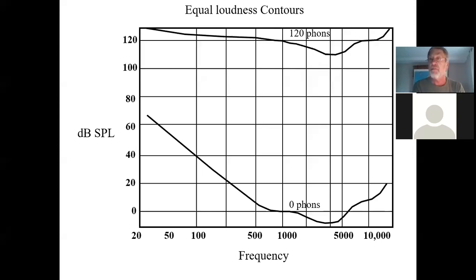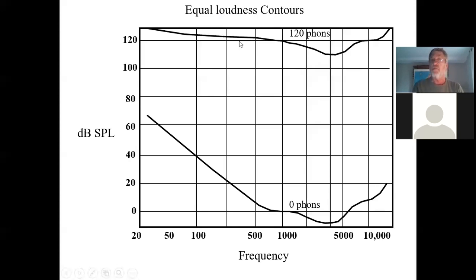Threshold. So this is normal hearing thresholds for all the different frequencies with 2 ears in front of a speaker. And that minimal audible field, you can call that 0 phons, because they're all heard equally loud. How loud? Just barely. That's why they're called equal loudness contours.